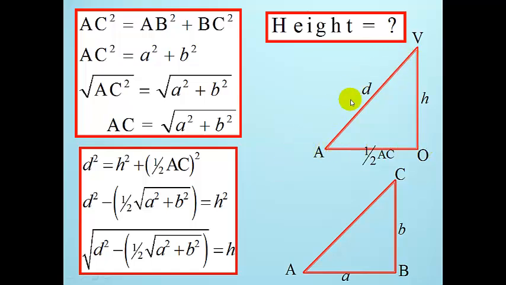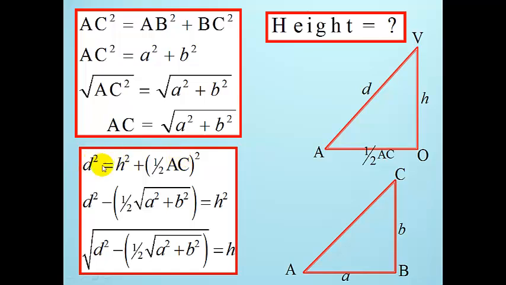Now let's consider triangle VAO now that we have the distance AC. Triangle VAO is a right angle triangle with a 90 degrees angle at O. So from the Pythagoras theorem, the square of the longest side, that is d square, is equal to the sum of the squares of the other two sides, that is h square plus the distance AO square.